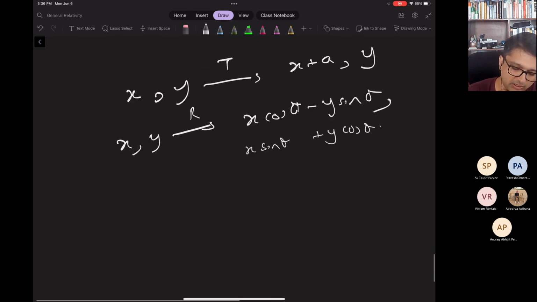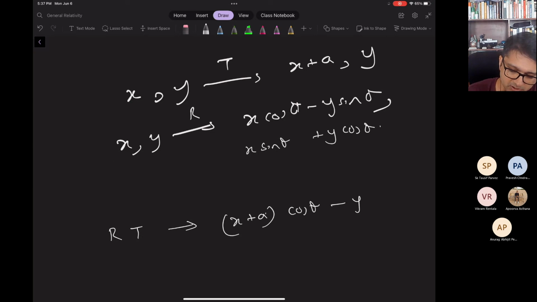So now if I first translate and then I rotate, the point that I will end up with is x plus a cos theta minus y sine theta, and x plus a sine theta plus y cos theta. This is where you'll end up.